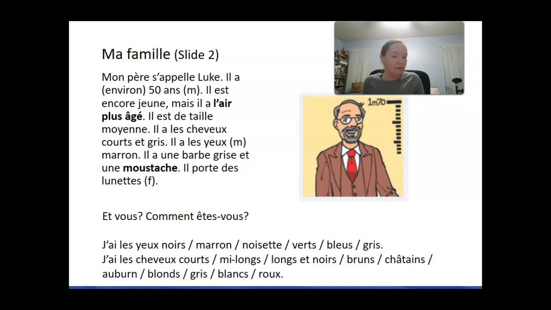You choose from one of those descriptions in that list. You can also tell me what your hair color is like. J'ai les cheveux courts, j'ai les cheveux bruns, j'ai les cheveux blonds. You can tell me which one applies to you. That way you get to practice a little bit of communication, a little bit of pronunciation at the same time. So I look forward to hearing your responses.